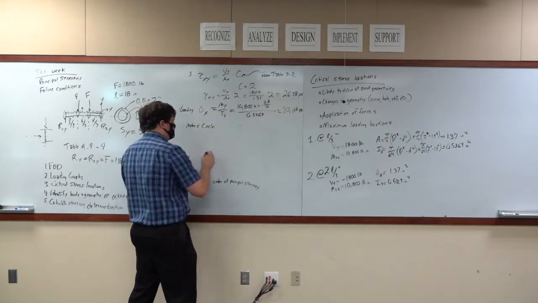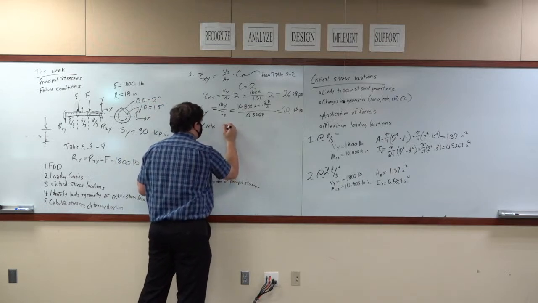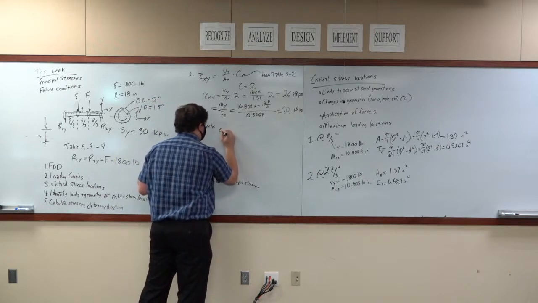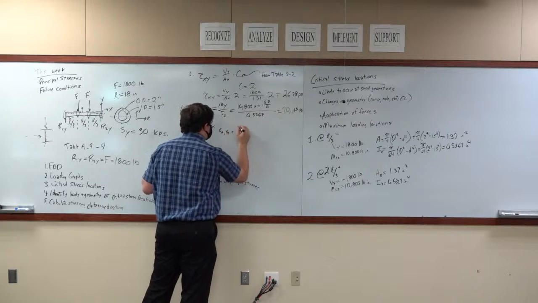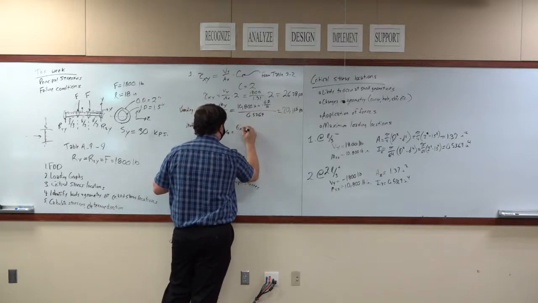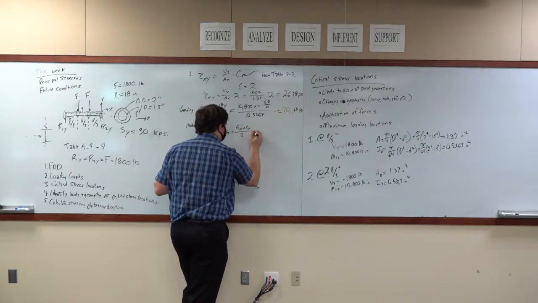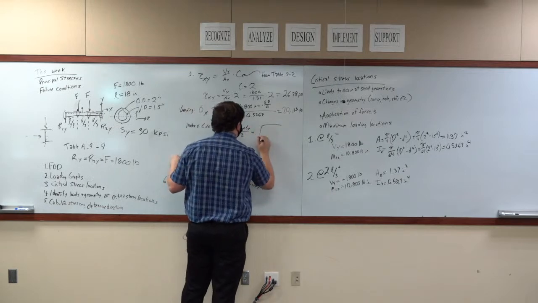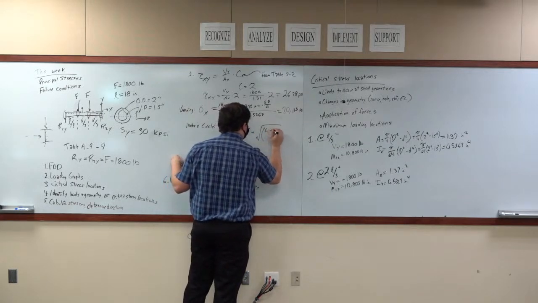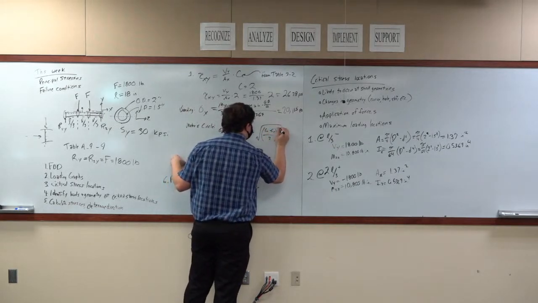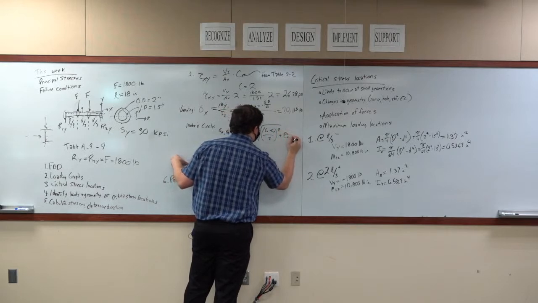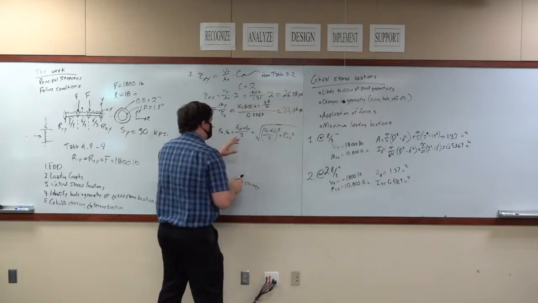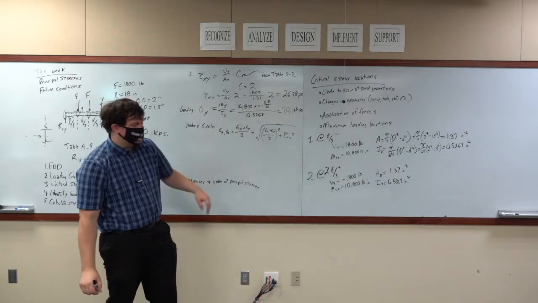What we have now is the equation for Mohr's circle: sigma A, sigma B is equal to sigma x plus sigma y over 2, plus or minus the square root of sigma x minus sigma y over 2 squared plus tau xy squared. That's the equation. Sigma y is equal to 0.